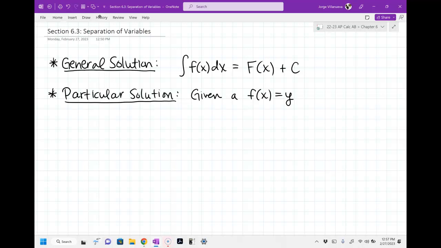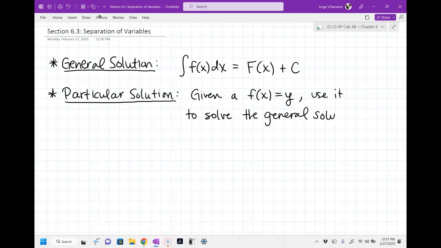F of 0 is 3, f of 1 is 8. They're going to give you a point. So given a specific point, use it to solve the general solution.